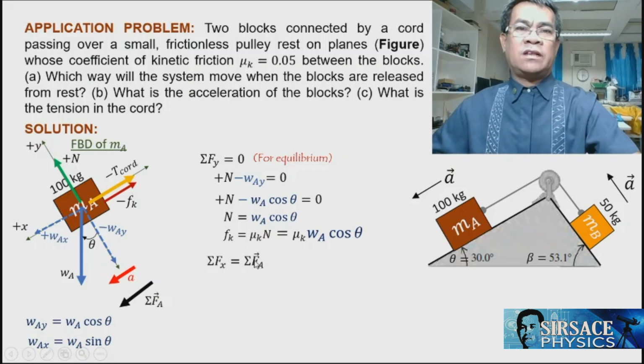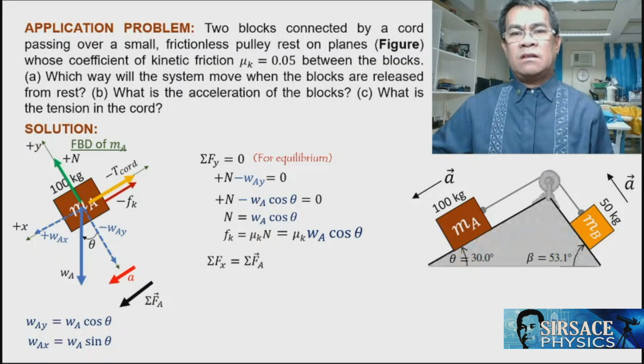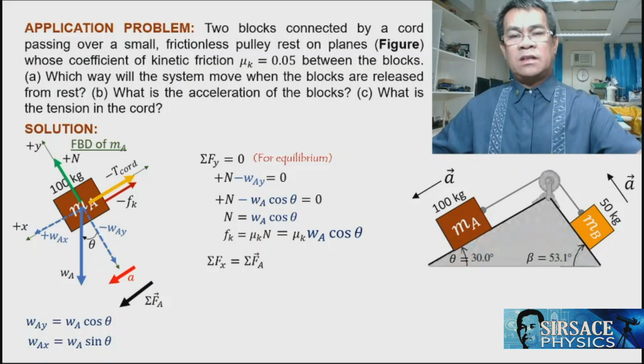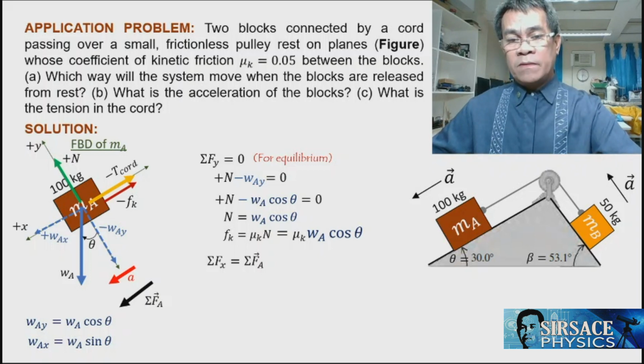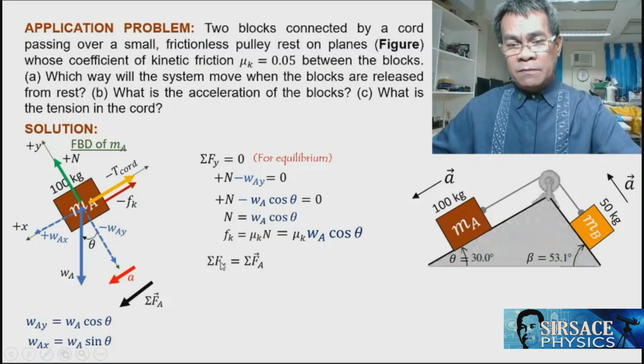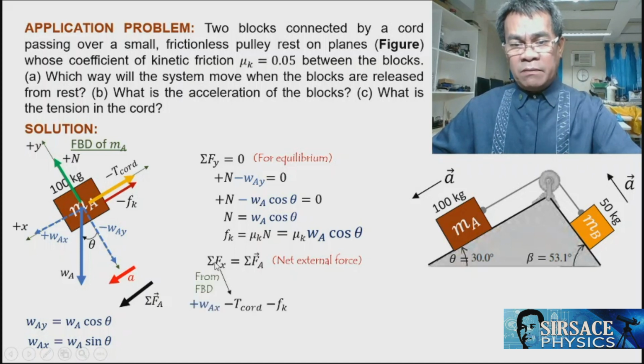This is the second law of Newton formula. Remember, the net force is equal to the product of the moving mass times the acceleration. Again, x is coming from the free body diagram. WAX is positive, T cord is negative, and the friction is negative.